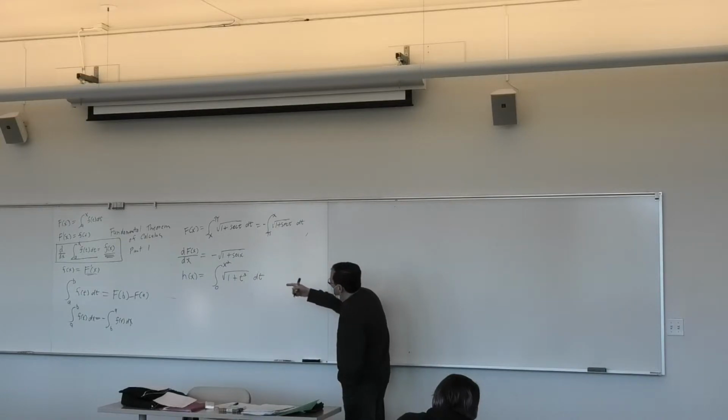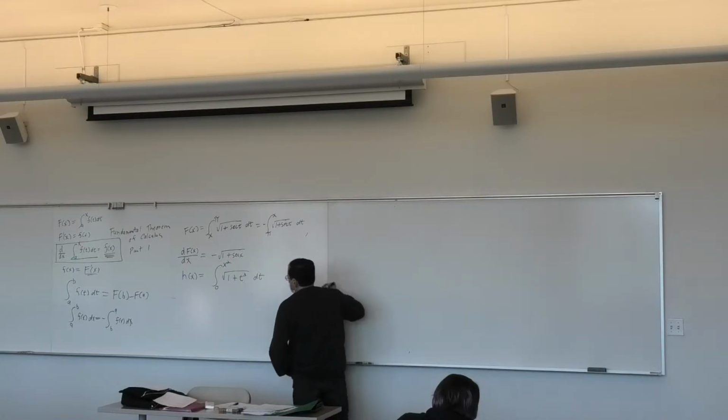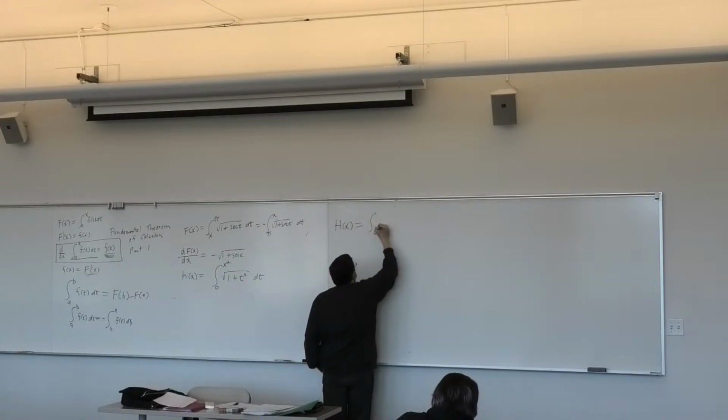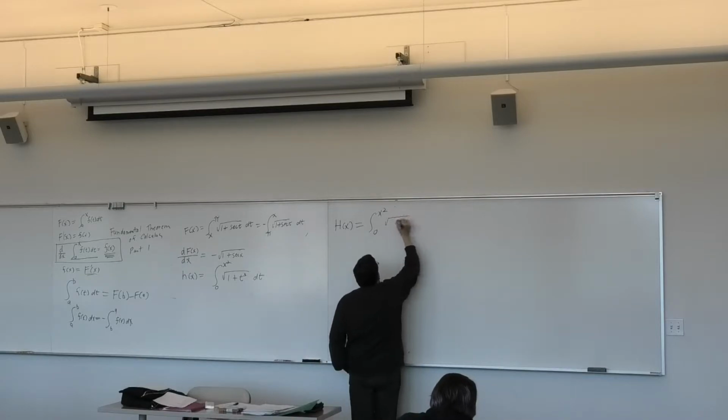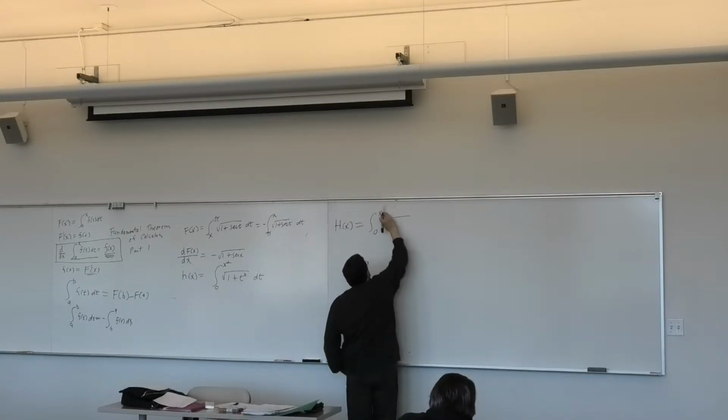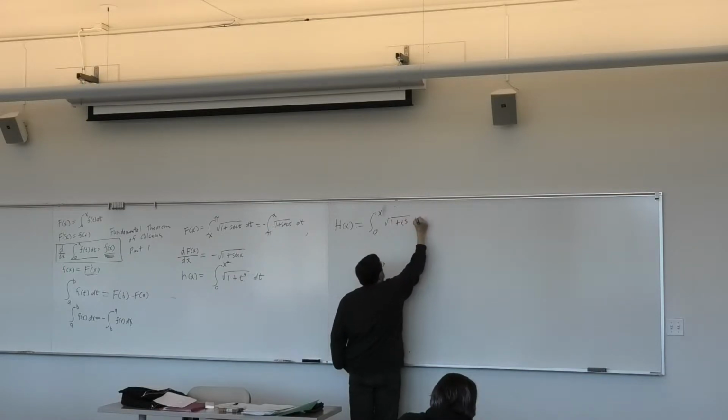Let me give that h a new name. We're going to change it slightly. I'm going to call it h of x equal integral from 0 to x, not x squared, just x, of square root of 1 plus t cubed dt.